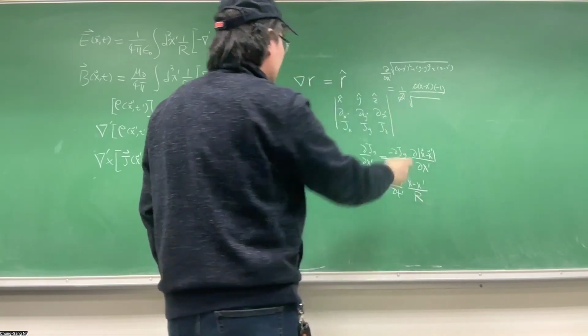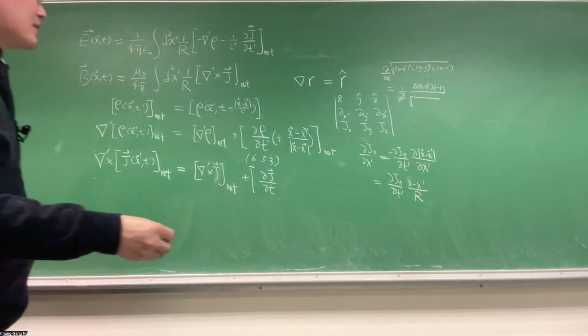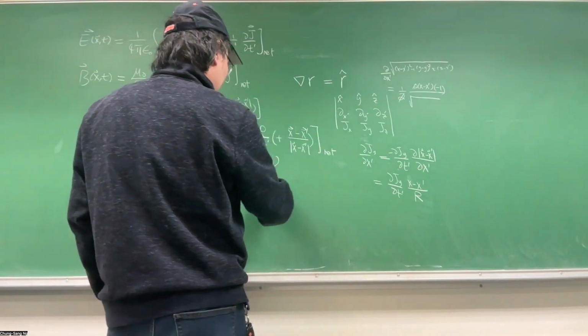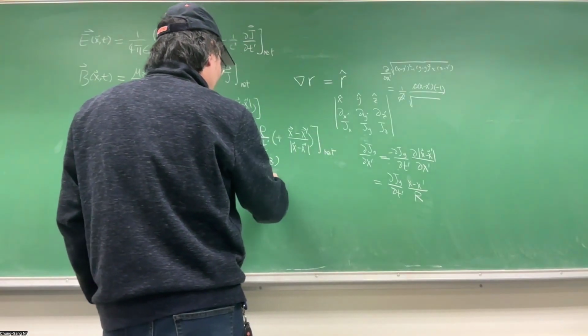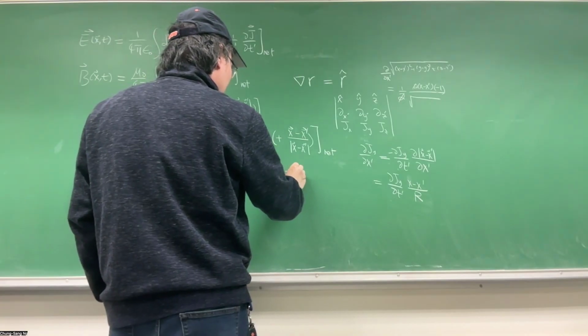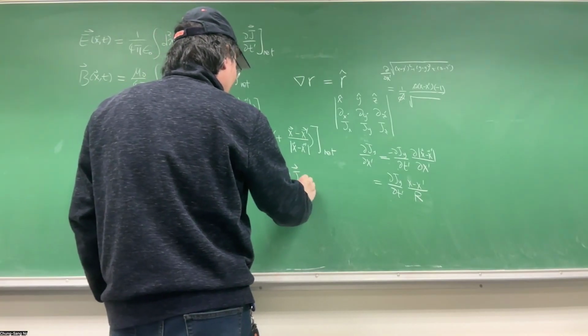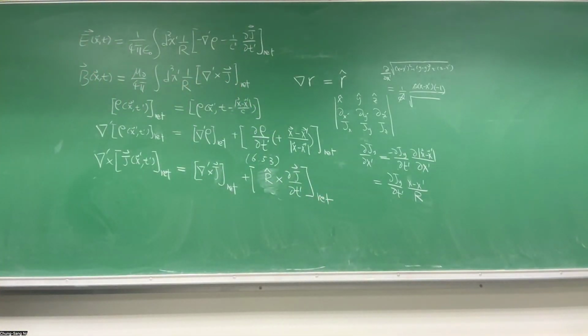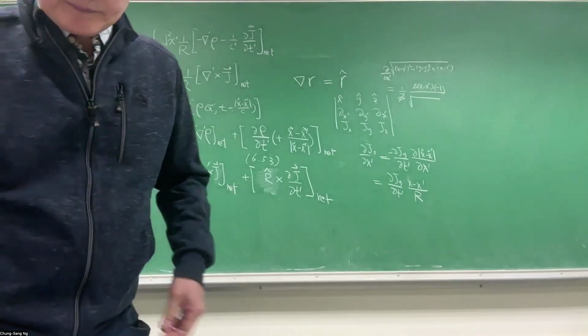So instead of a curl, this becomes a cross product: the R unit vector cross partial t of J, and then take the retarded. Okay.